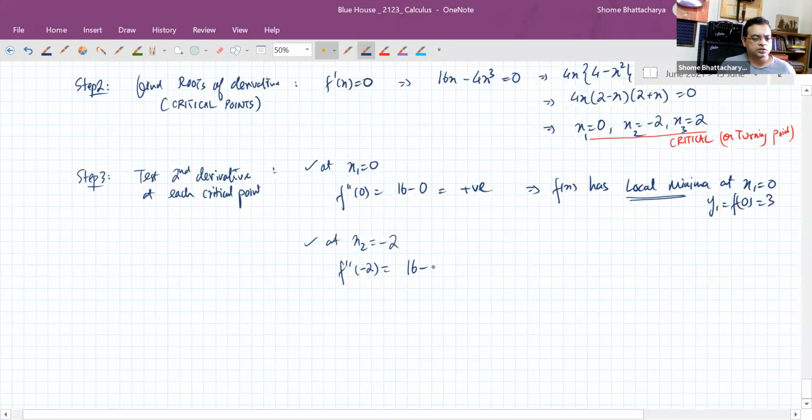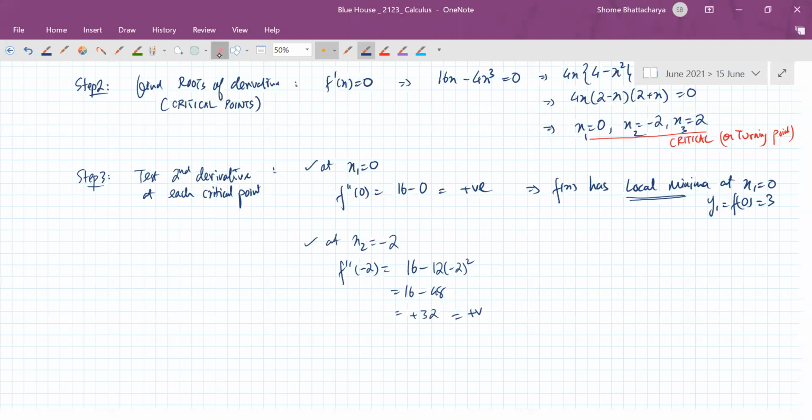So it's 12 into (-2) squared. You can see this is definitely becoming a positive quantity. It's becoming 16 minus 48. Sorry, it's a negative -32, my mistake.